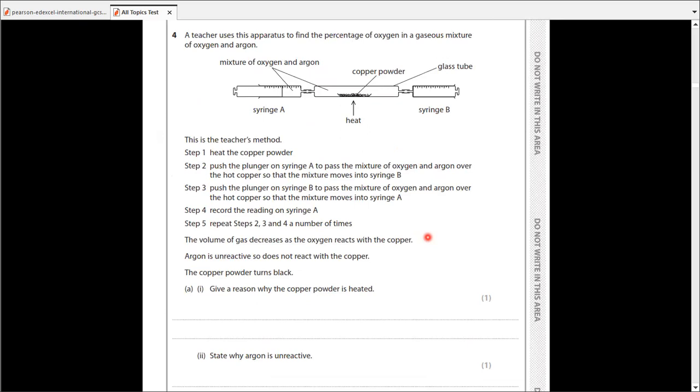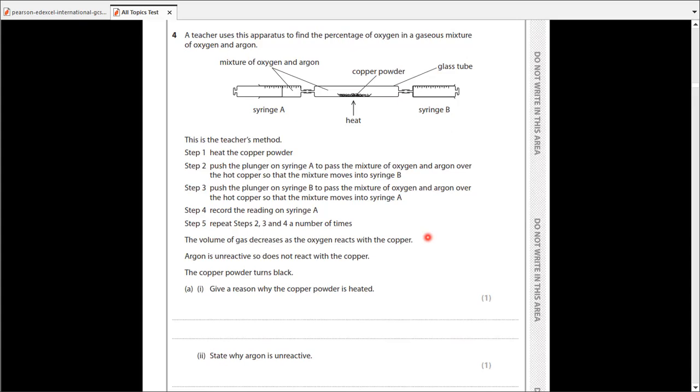Step two, push the plunger on syringe A to pass the mixture of oxygen and argon over the hot copper so that the mixture moves into syringe B. Step three, push the plunger on syringe B to pass the mixture over the hot copper so that the mixture moves into syringe A. Step four, record the reading on syringe A. Repeat steps 2, 3, and 4 a number of times.